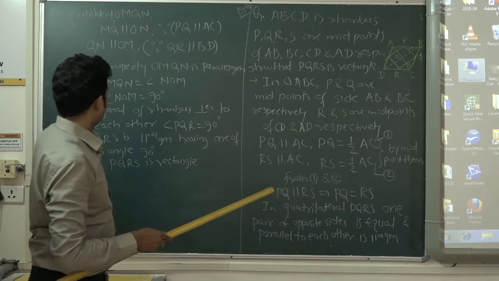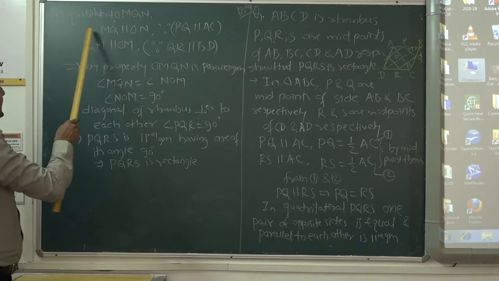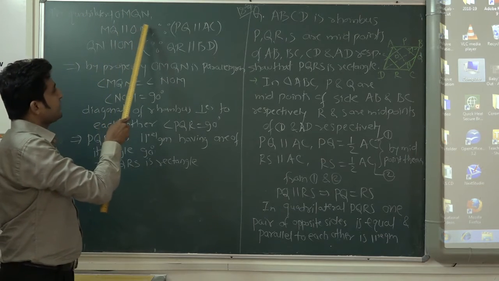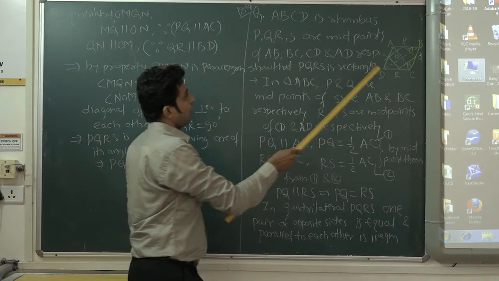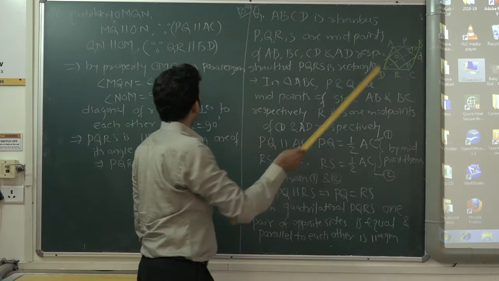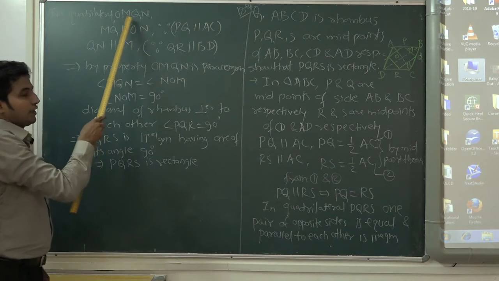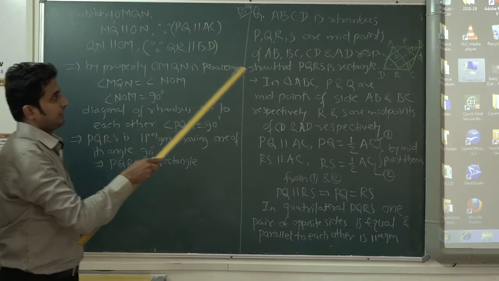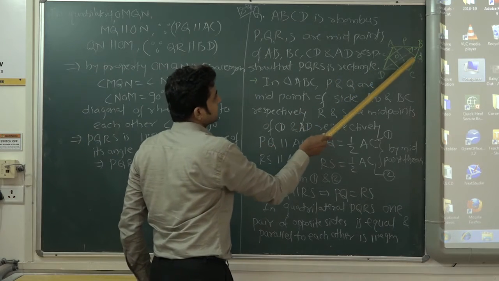Now in quadrilateral OMQN, we are focusing on this quadrilateral. In this, MQ is parallel to ON.